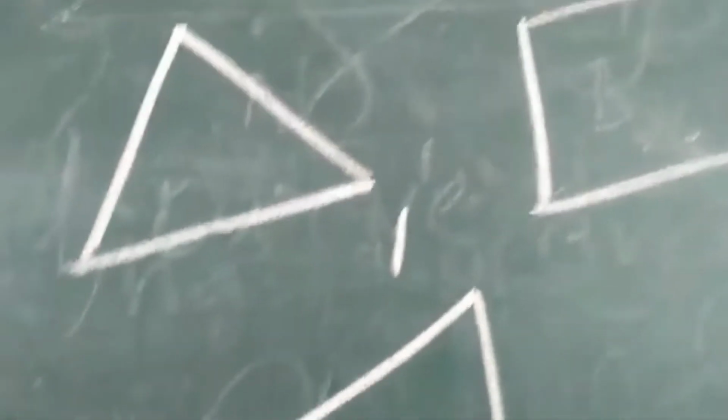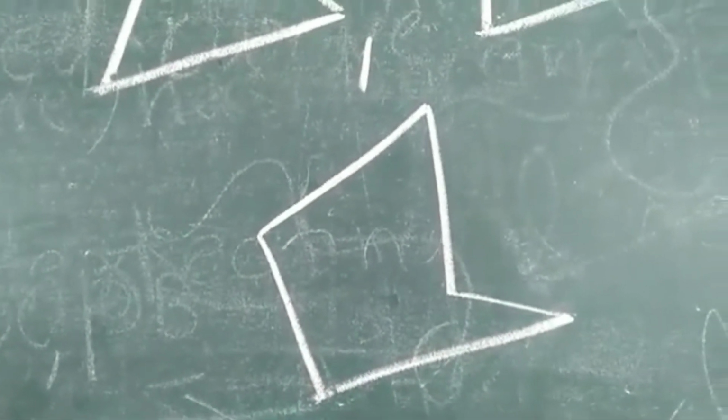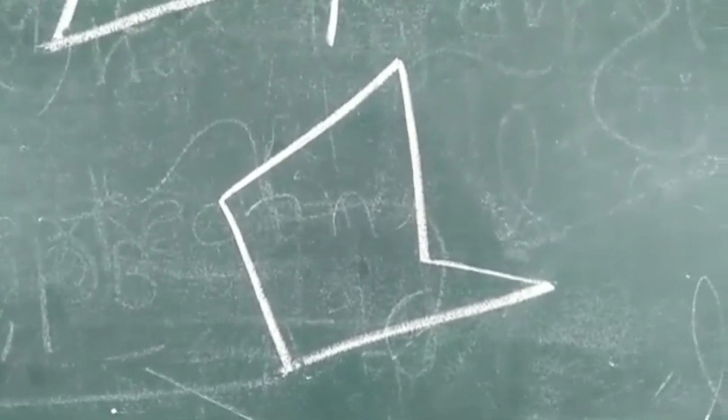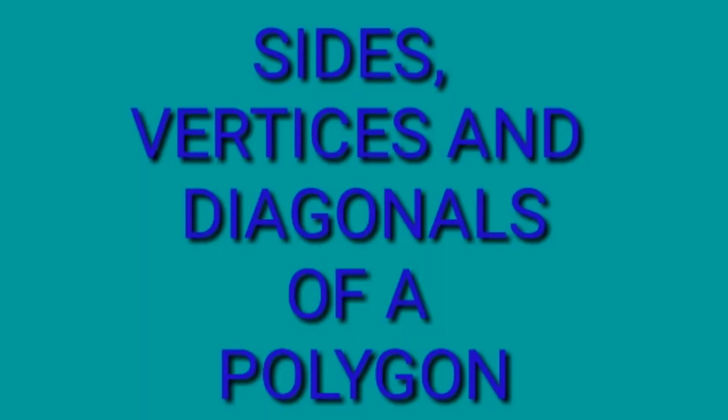So this is a polygon, this is a polygon, this is a polygon. So you understood the meaning of polygon? A simple closed curve made up of line segments. What is a polygon? A polygon is a simple closed curve formed by line segments.